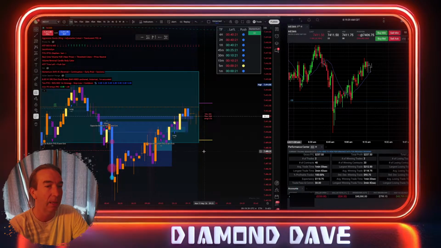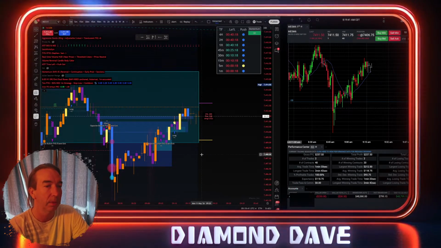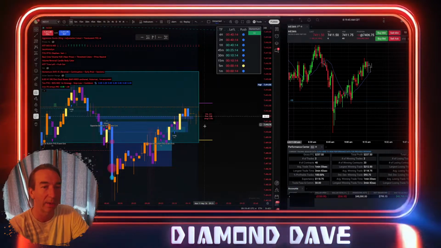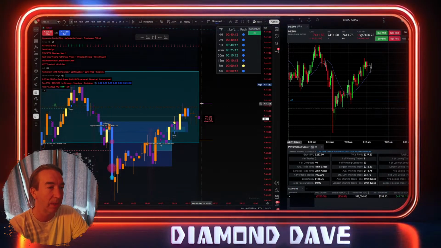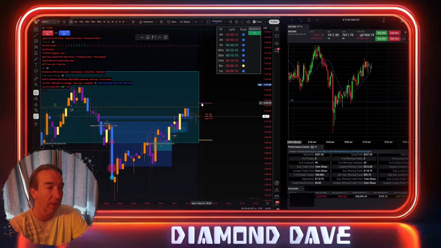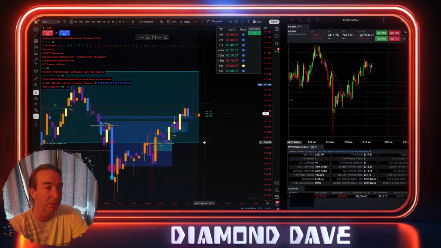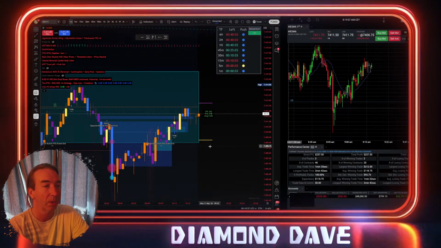So I should have gotten out already, and in that case I could have saved this, waited for that move down until we got to this target, this entry line. Basically it's either a disrespect or entry to the direction that the market wants to go.